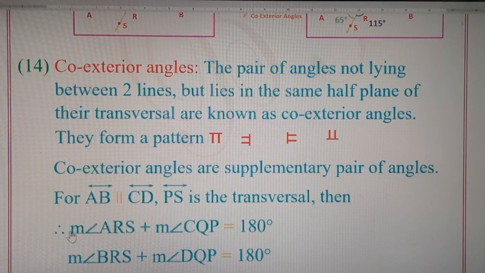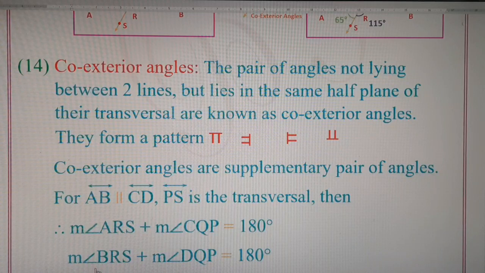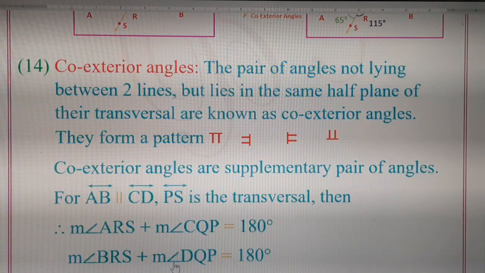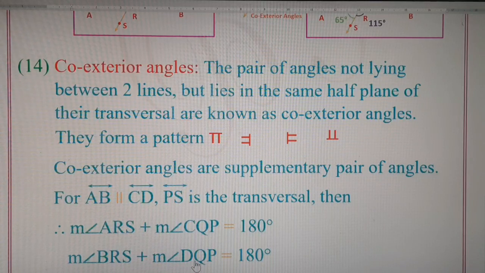So we can make a formula: measure of angle ARS plus measure of angle CQP is equal to 180 degrees. Similarly, the other pair of co-exterior angles are angle BRS and angle DQP, and their sum of measures will be 180 degrees because co-exterior angles are supplementary. So we can make a formula: measure of angle BRS plus measure of angle DQP is equal to 180 degrees.